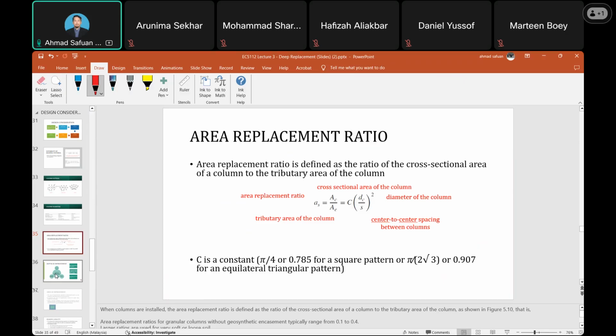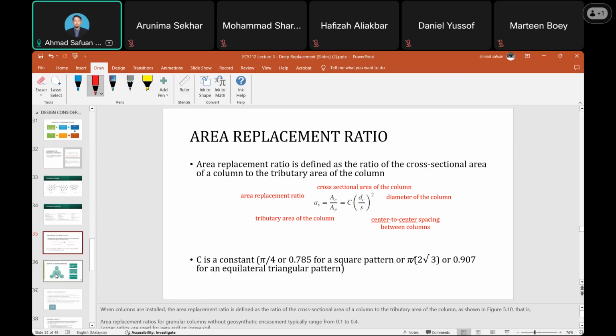For this case, C depends on the arrangement of the columns. For example, if you use a square pattern, C is 0.785, or if you use the equilateral triangular pattern, C is 0.907.